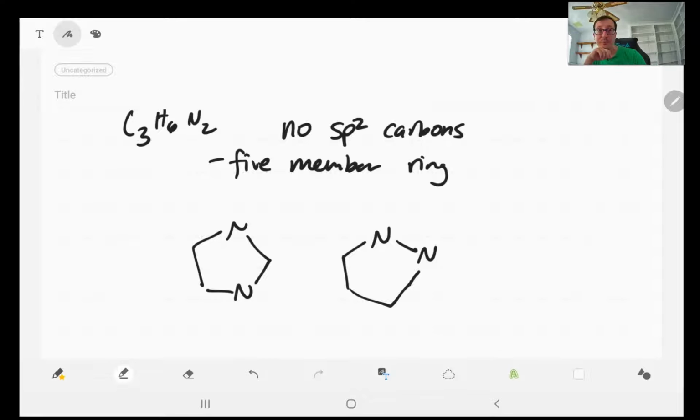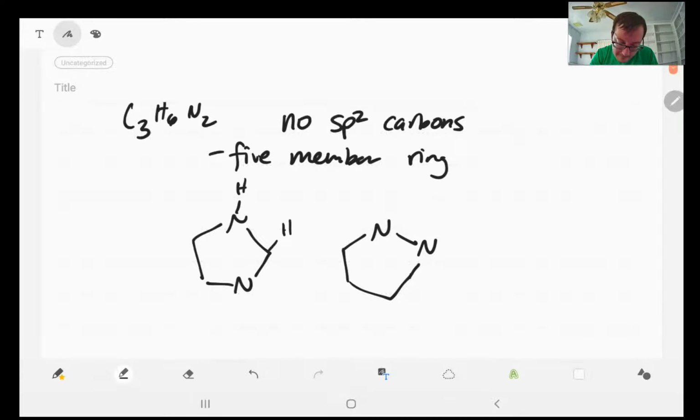Okay, so we have 2 places to start here. We have to have our carbons and nitrogen as part of the ring because we can't have hydrogens. We have no other atoms to work with. And with this, let's just try putting hydrogens on all of these to see what we can do. If we just throw hydrogens out everywhere, we see we have 1, 2, 3, 4, 5, 6, 7, 8 hydrogens, which means that we have a problem here.